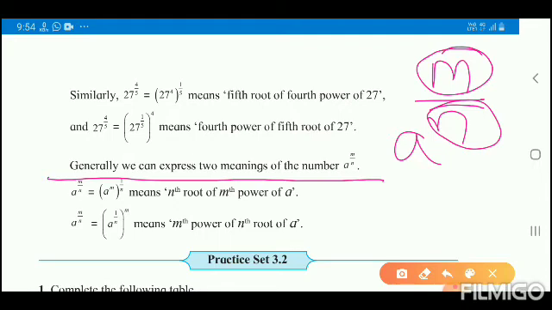So a raised to m upon n, they have given as a raised to m, bracket raised to 1 upon n, meaning the nth root of the mth power of a. You can write like this. And if we consider it in the form a raised to 1 upon n raised to m, then it is the mth power of the nth root of a.